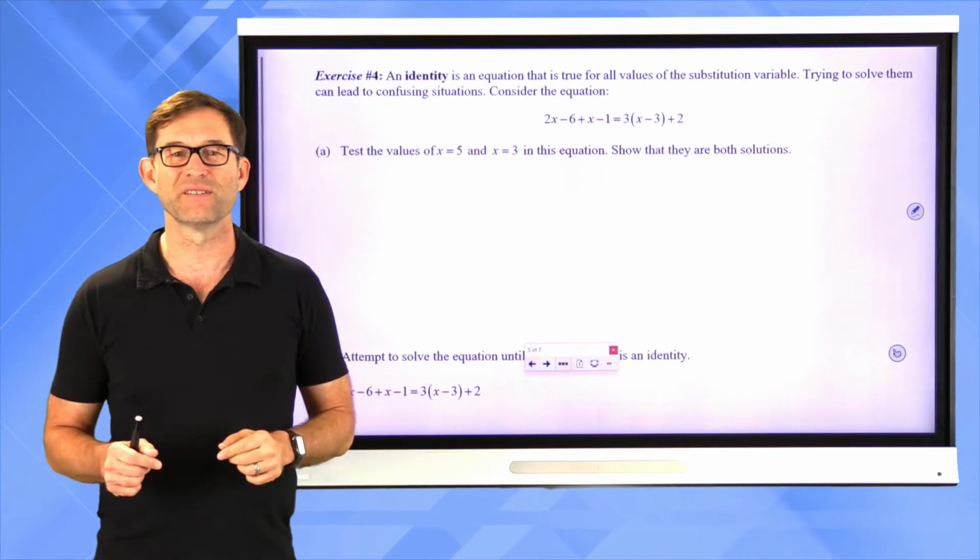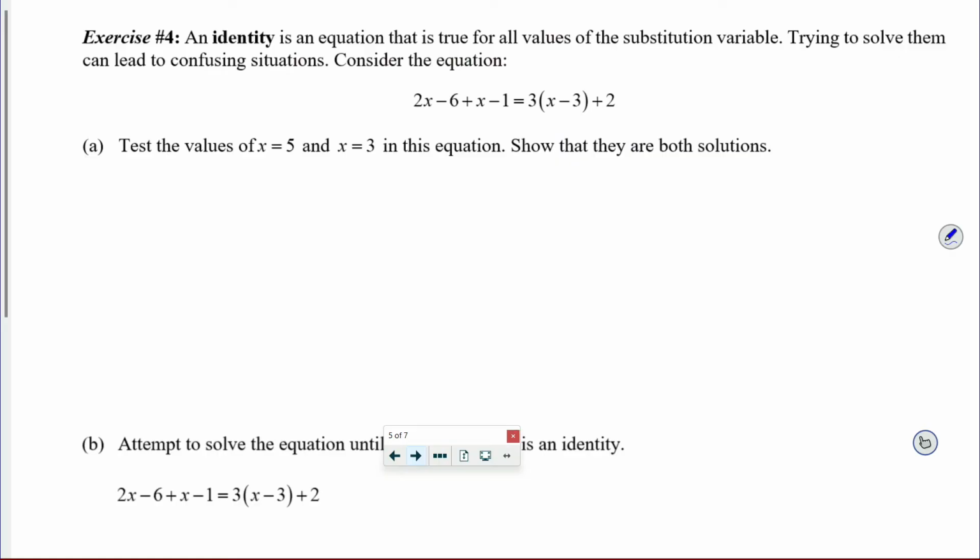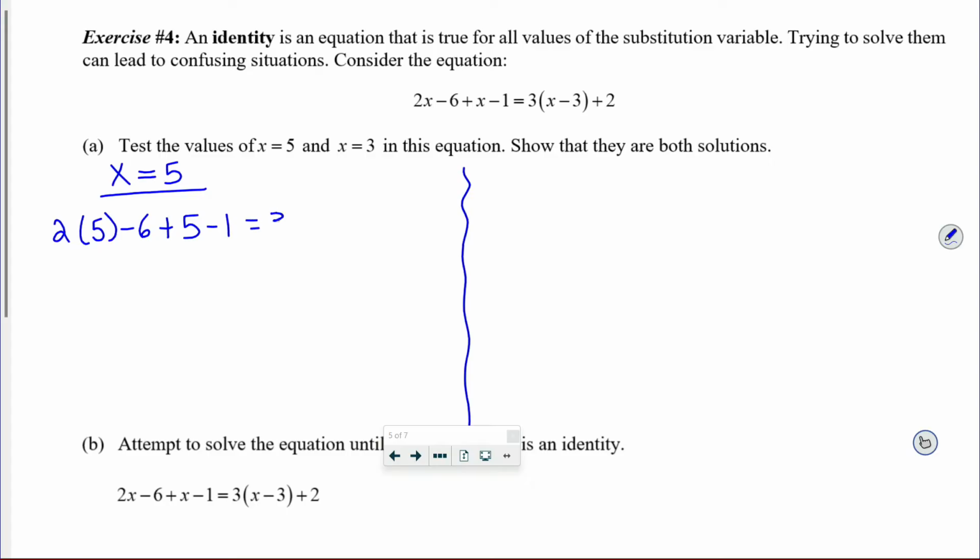Let's go ahead and do x equals 5 together. All right, here we go. So obviously, to test a value, to see if a value is a solution, we've been doing this for years, I am just going to plug that number into the equation wherever there's an x, and I'm going to see whether or not the two sides are equal. All right, just got to do a little bit of numerical work here.